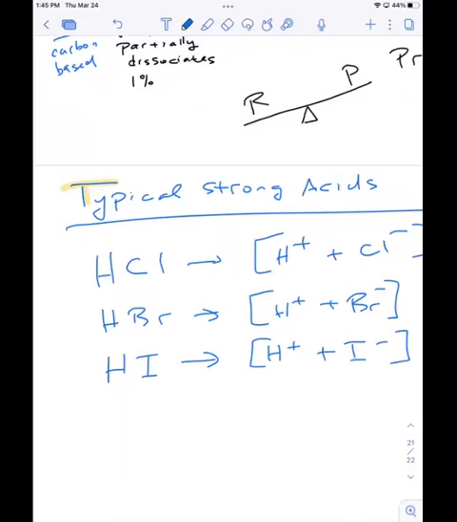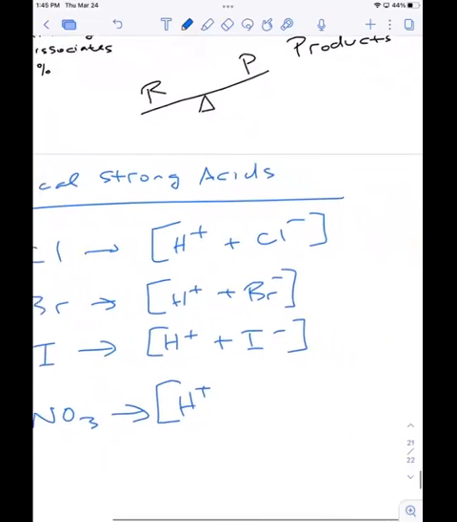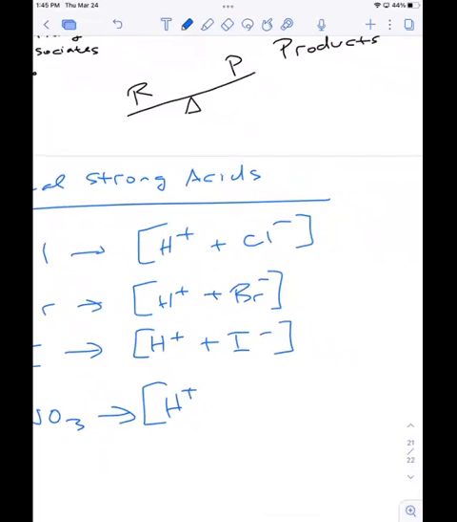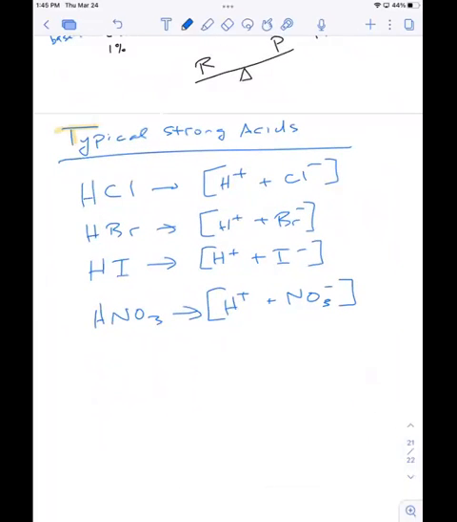And then of course you have other acids like nitric acid, which if you dissolve it in water, it's going to ionize to H plus and NO3 minus. Sulfuric acid. When y'all did the acids and bases lab, did we use sulfuric acid? I can't remember.